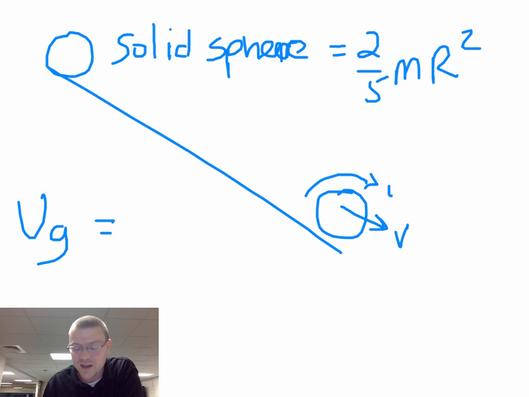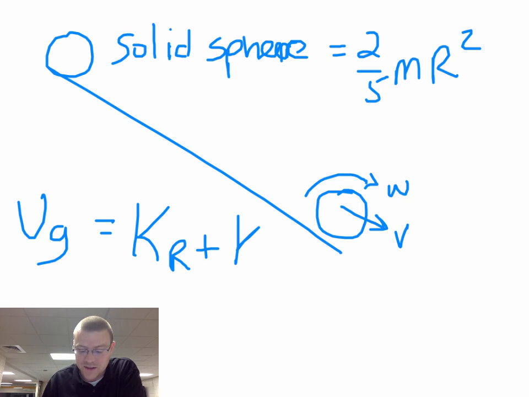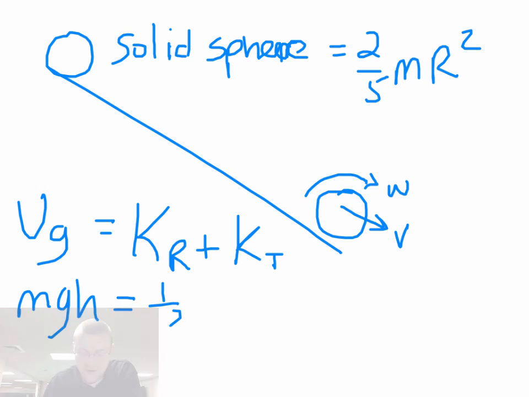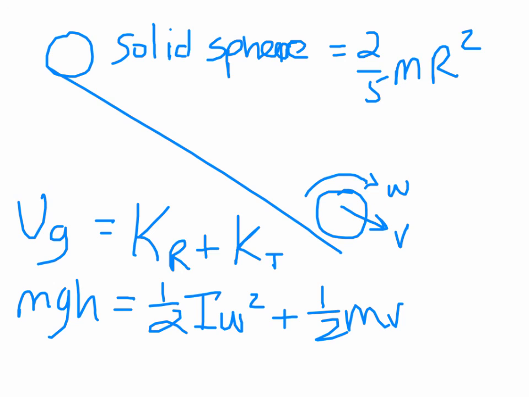So it's going to have an omega and a velocity. That means it's got rotational kinetic energy plus linear tangential kinetic energy. So you want to set that up: mgh equal to 1/2 I omega squared plus 1/2 mv squared.